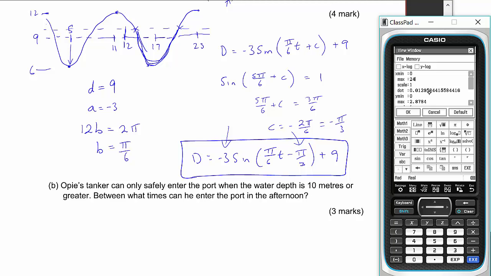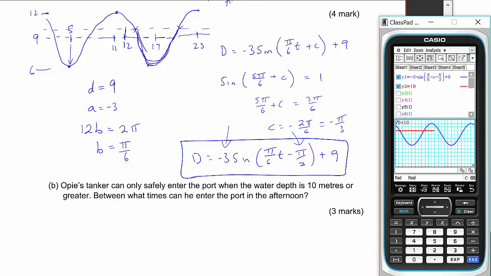And on the Y, let's go from 0 to 13, say. Should give us a good picture. There we go. And so we want these intersections, and these are the morning ones, and those are the afternoon ones. So it's only the afternoon ones we want.